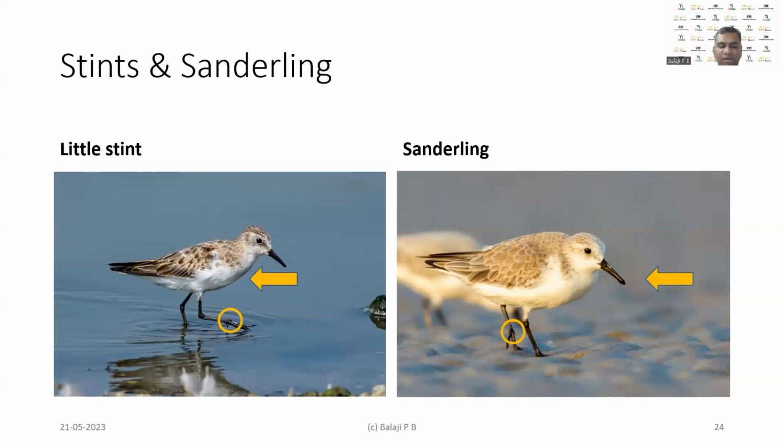If you look at the little stint, you can see a very small hind toe, which is present in the little stint, but this hind toe is absent in the sanderling. So if you have a picture of a bird in the field, this is how you conclusively eliminate little stint, apart from the overall paler appearance of the sanderling.